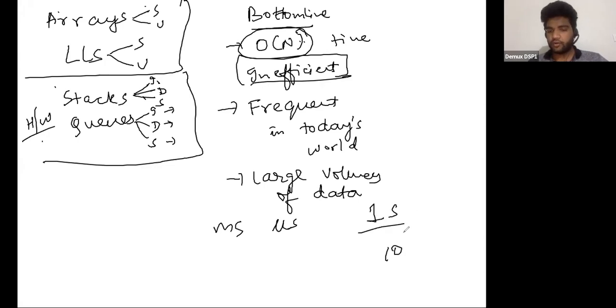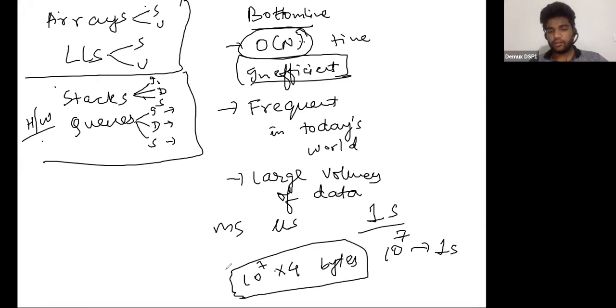If you know that you can do at most 10 to the power 7 operations in 1 second, then if you have a data structure of 10 to the power 7 size, let's say integers, so 10 to the power 7 into 4 bytes, if your data structure exceeds this size, then your insertion, deletion or searching will take more than 1 second.